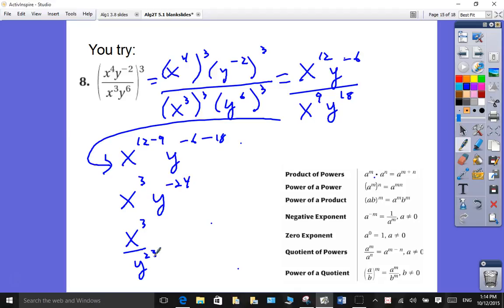Most of the time, if you see that the highest power is in the denominator, then just subtract from there. 18 minus negative 6 and put it there, 24. And now you don't have to do another step of flipping it to the other side. That's more common. I think it's supposed to say 24, and the writing is really bad. Or maybe I just wrote it wrong. Let's try that again. 24.